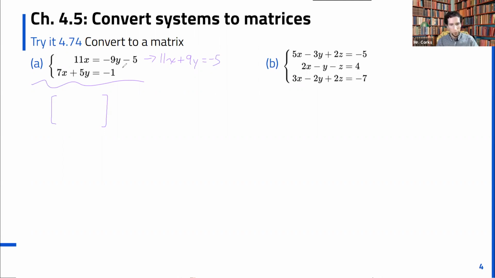So there's not too many people here today. Everyone try to speak up and try to offer answers. First row of this matrix.